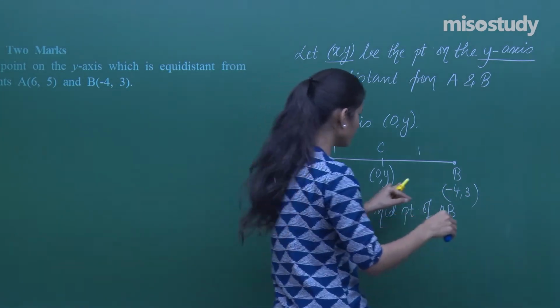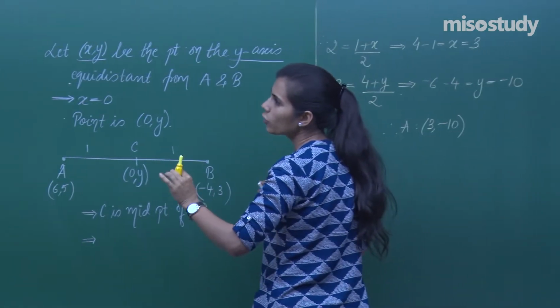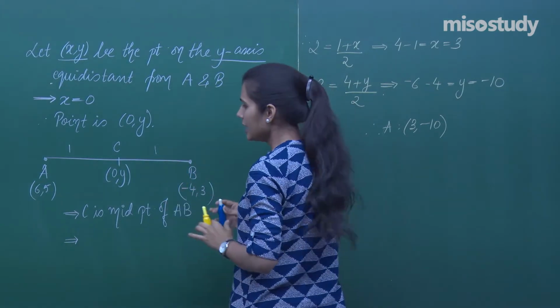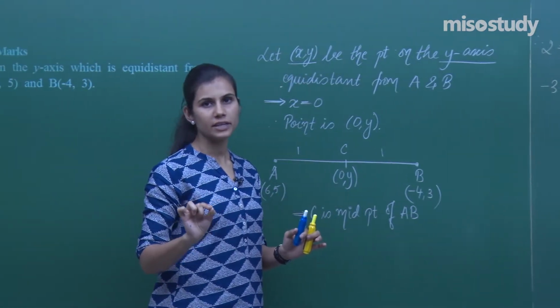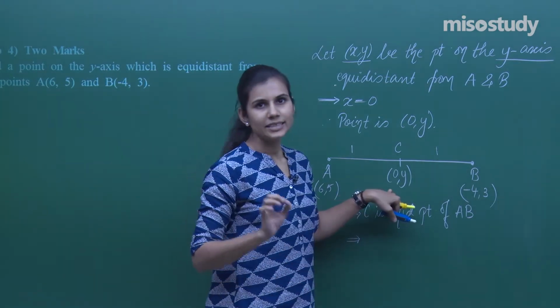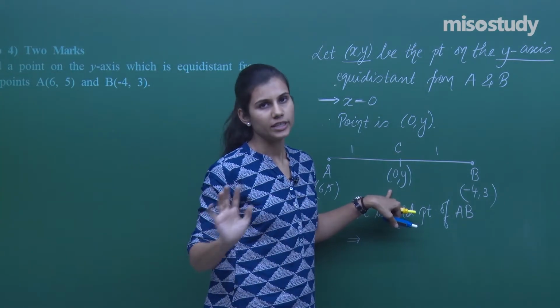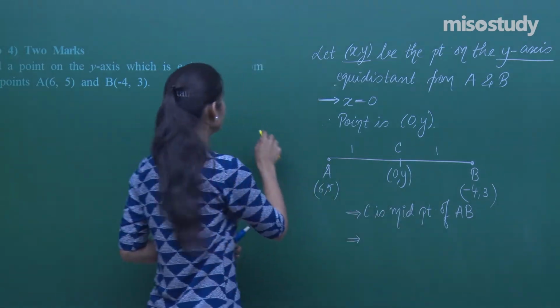What you get actually over here is, if this C is on the y-axis equidistant from A and B, here I am not saying, first of all, let me give you this very brief word of caution. Why can't I use the section formula over here?